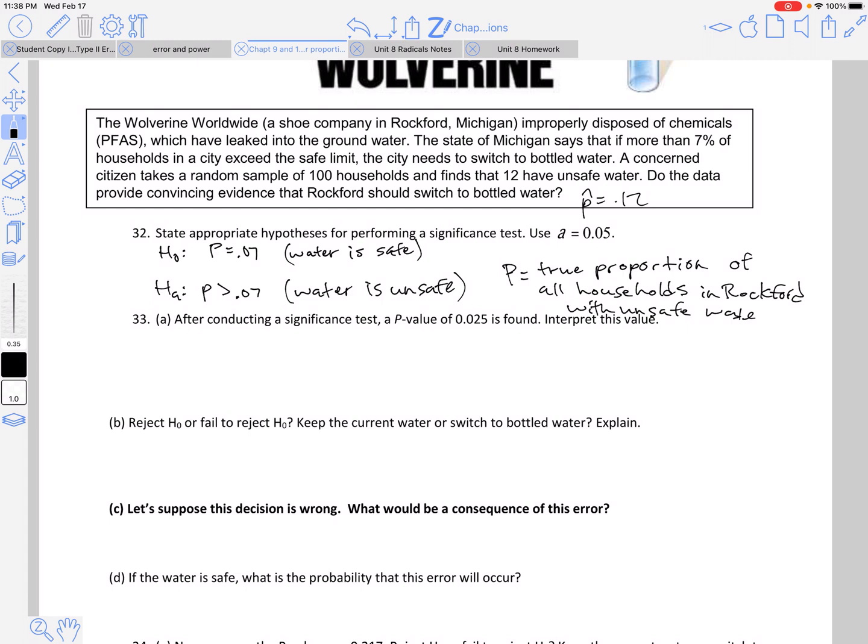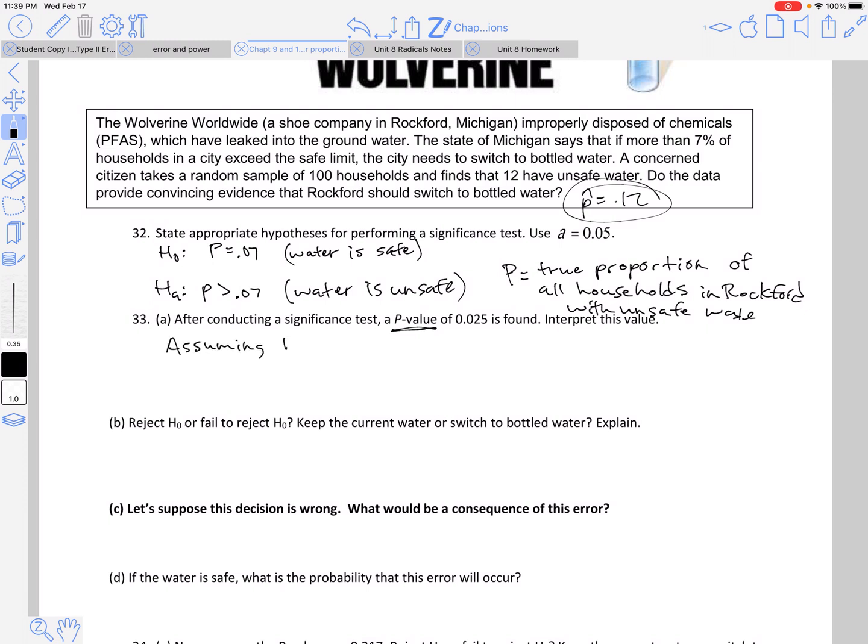Okay, so this concerned citizen conducted a significance test and they got a p-value of 0.025. So let's make sure that we remember what a p-value is. They have the null, they had the alternative, they assumed the null conditions were true, and they tested what's the probability that that could have happened by chance, that we could have got a sample with 12% having unsafe water.